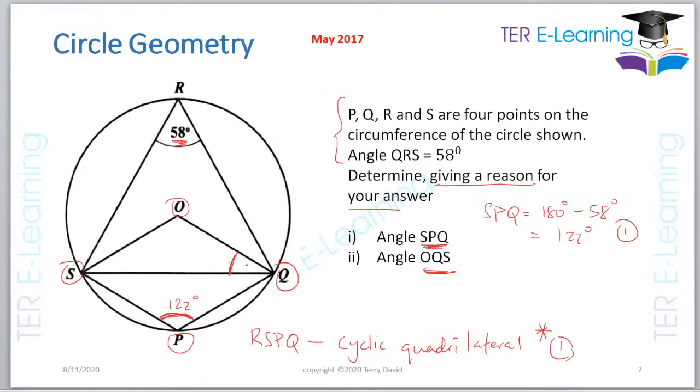I'll give you a few minutes to think about it and let me know what you think angle OQS is. Again, to work this out, we're going to have to apply one of the rules that I taught you all last week. So we want angle OQS, which is this angle here.